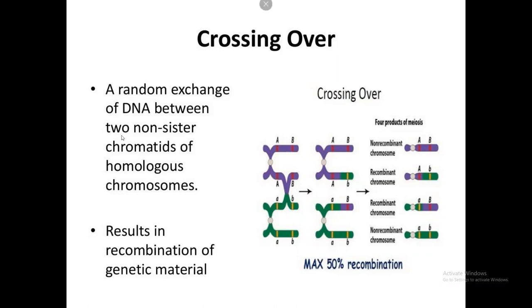Between homologous chromosomes we will see this crossing over, and that is taking place between non-sister chromatids of a homologous pair. Now these segments are exchanged. Sorry, these two are recombinants, and this is the parental combination.